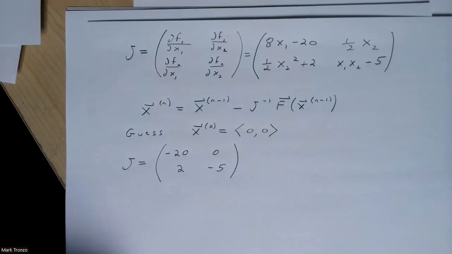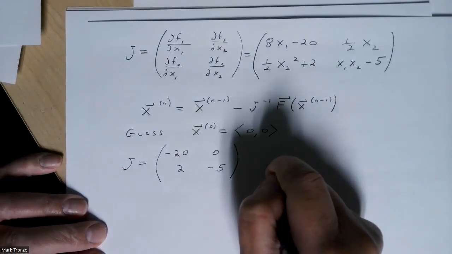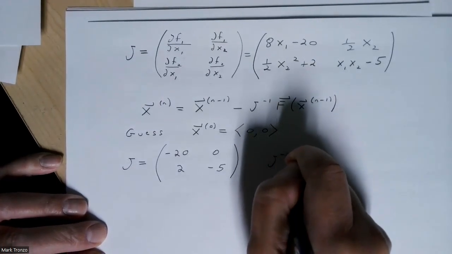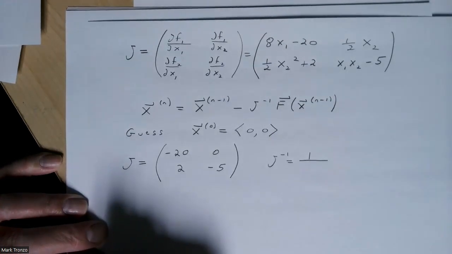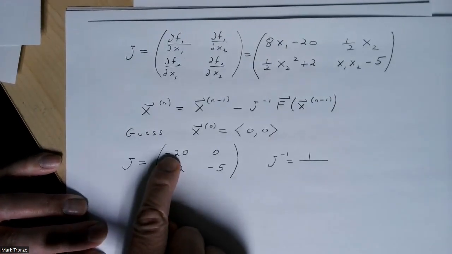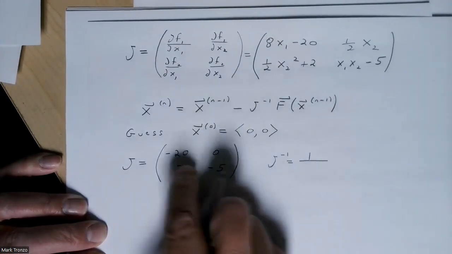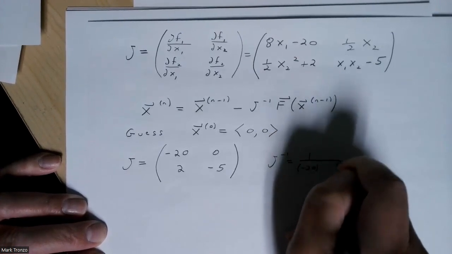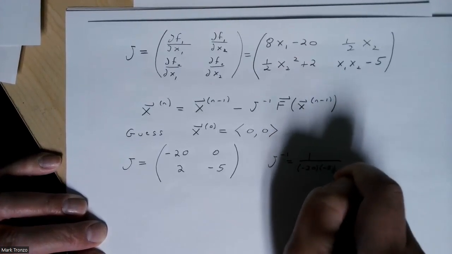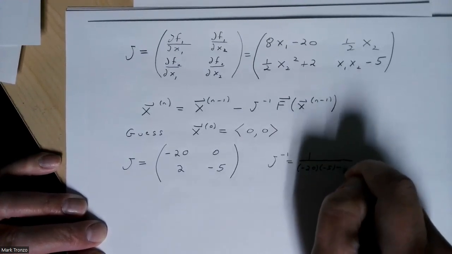And now for our equation, we're going to need the inverse of that. And you remember, when you calculate the inverse, it's going to be 1 over the determinant. And the determinant in this case is upper left times lower right, minus upper right times lower left.